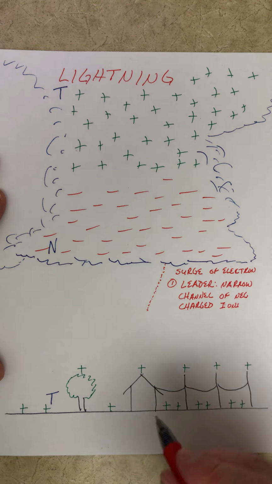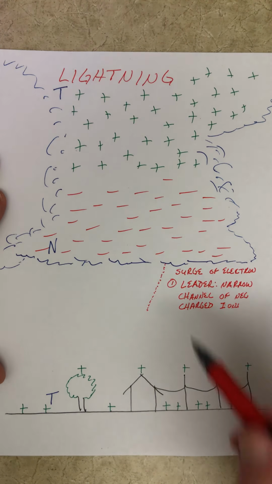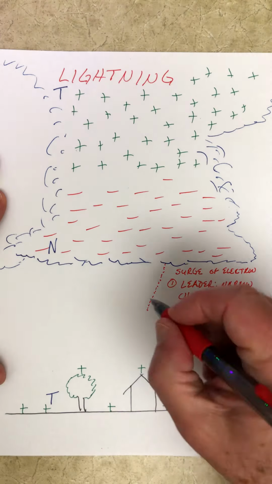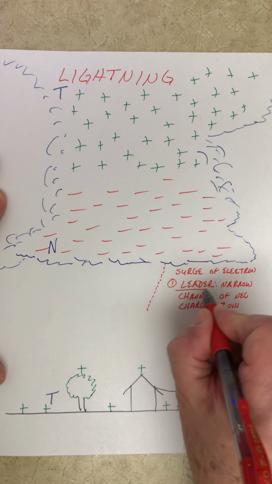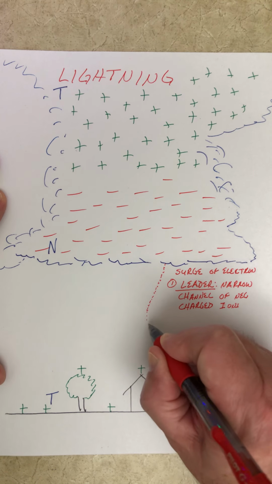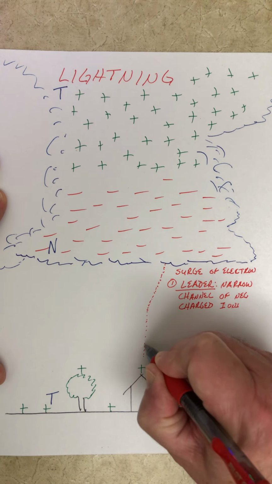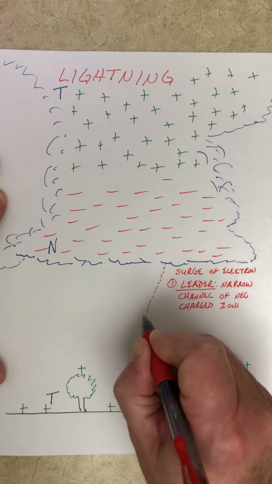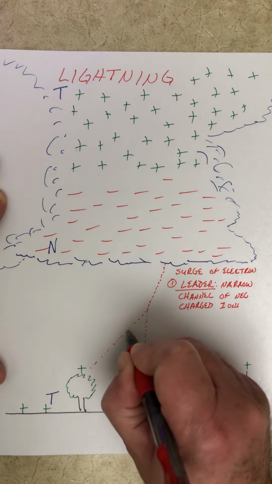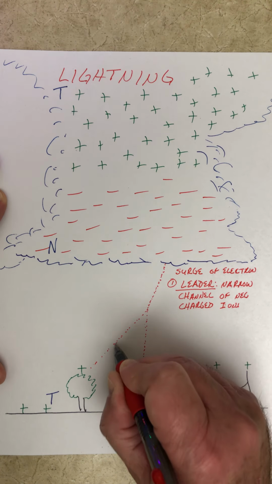Okay, and so oftentimes you'll see a lightning bolt as a single streak through the sky, and that would be a leader. And other times you'll see lightning will branch off, okay? And we call this a branched or stepped leader.